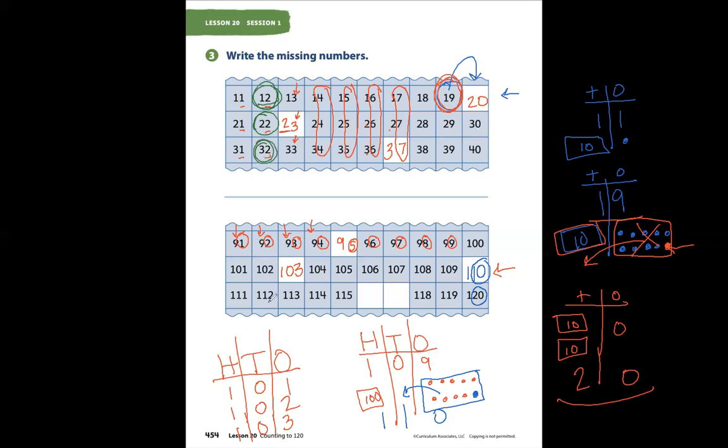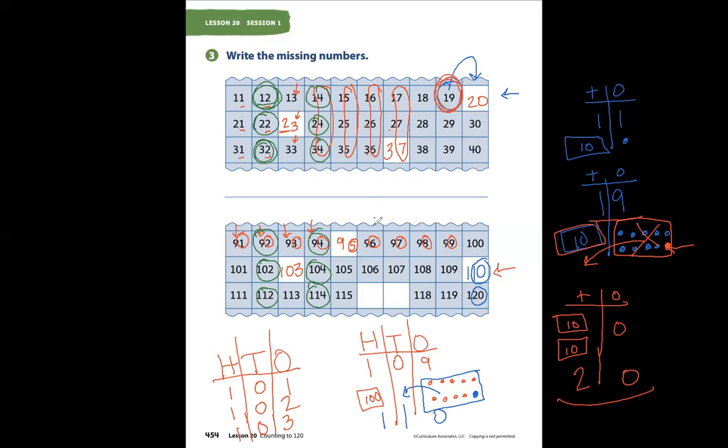Here we have 92, 102, 112. 14, 24, 34. 94, 104, 114. I think I'm seeing patterns.